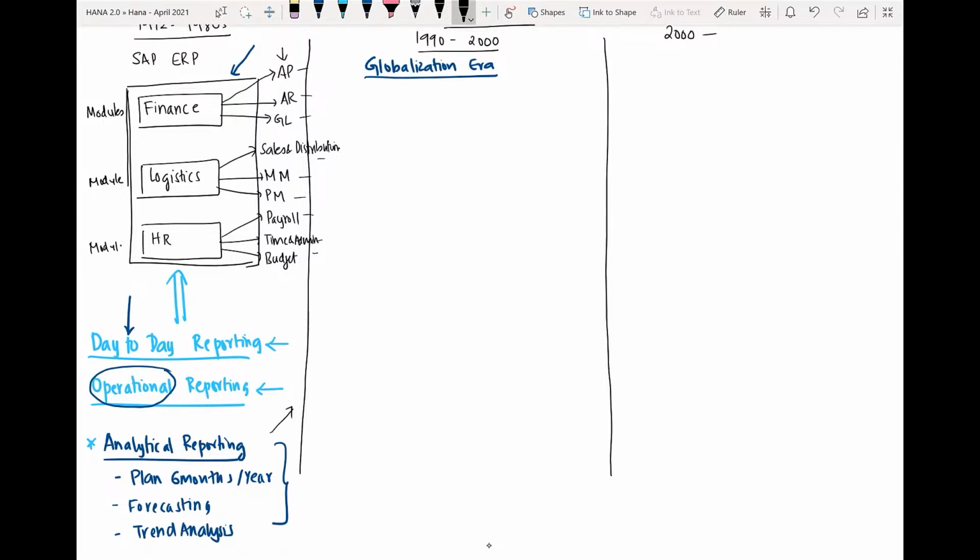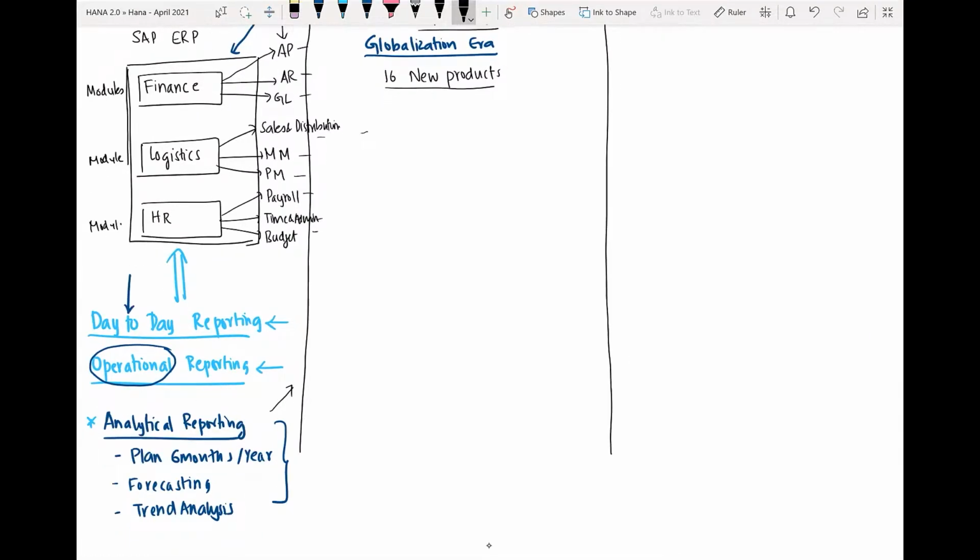So they created 16 new products. I'm not going to list all the 16 products, but I'm just giving you an idea that 16 new products were created to complement the SAP ERP solution. The most critical ones are, the first one is called SAP BW, Business Warehouse.